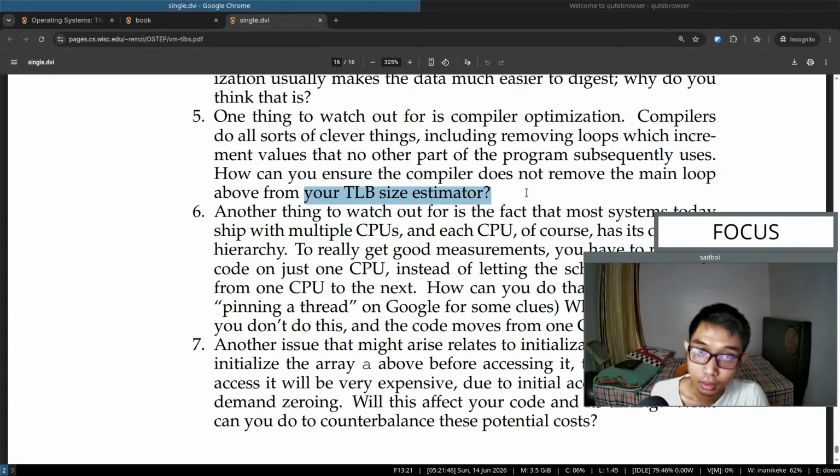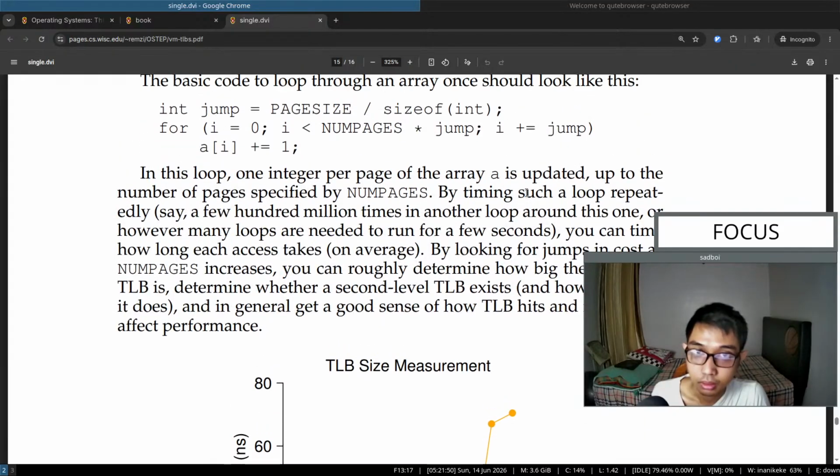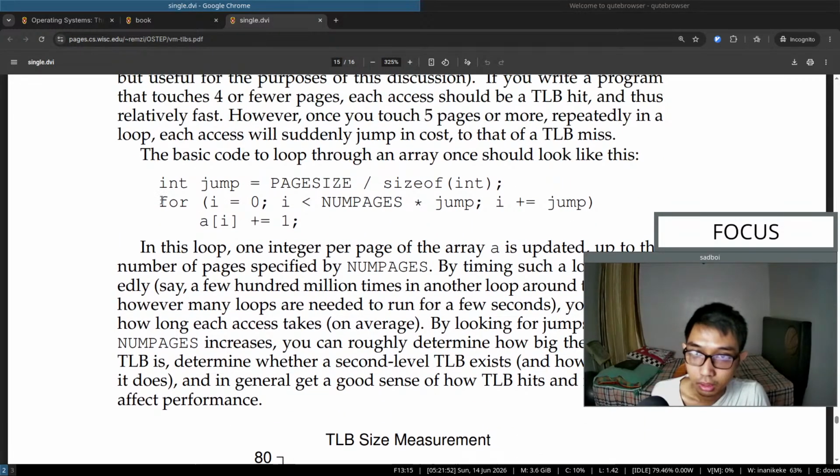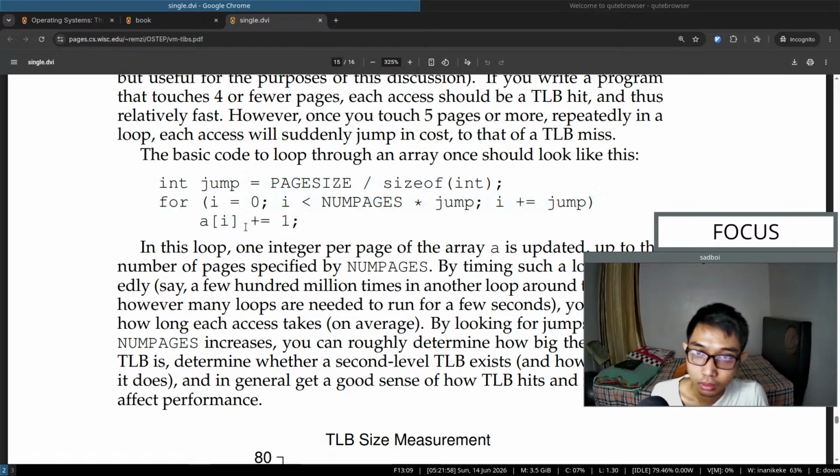Okay, it looks like we can check that using this scenario. Plus equal 1, what does that mean?